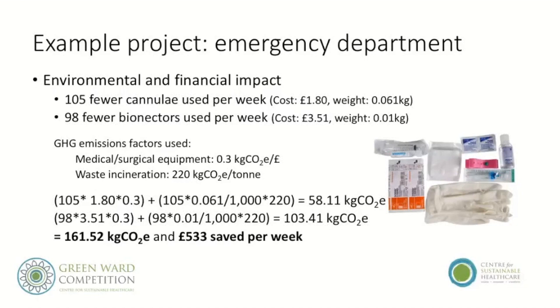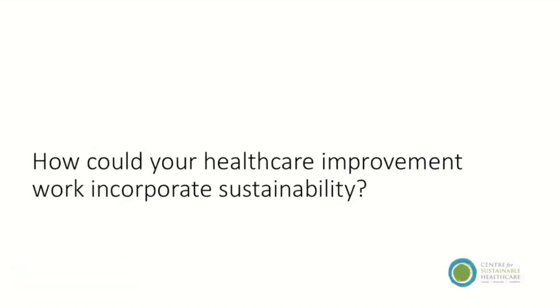So you can multiply the emissions factor by the cost of the surgical or medical equipment. There's also another emissions factor for waste incineration, and you can multiply that by the weight of the equipment that you've used. And I worked out 161 kilograms of carbon dioxide equivalents and 533 pounds saved per week.